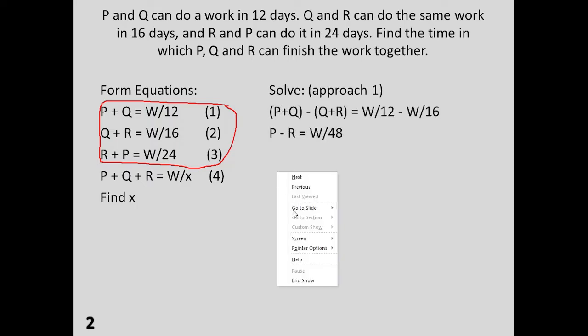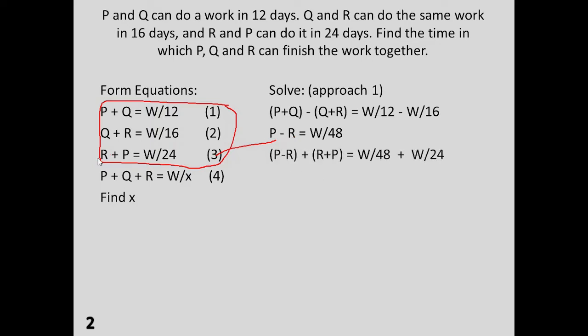So now we have another equation in terms of P and R, and here we have R plus P. So now if we want to eliminate another variable, we just have to add these two equations. So that here we have minus R and here we have plus R, which will cancel out.